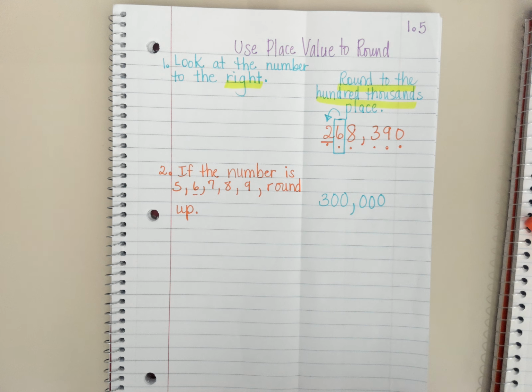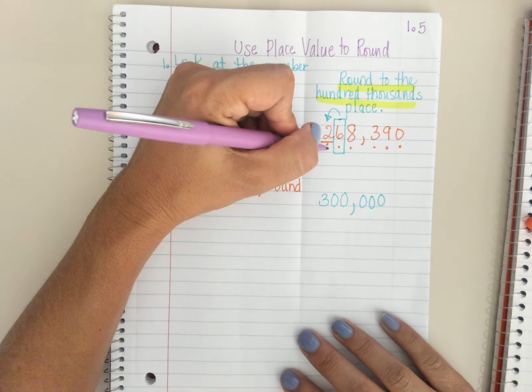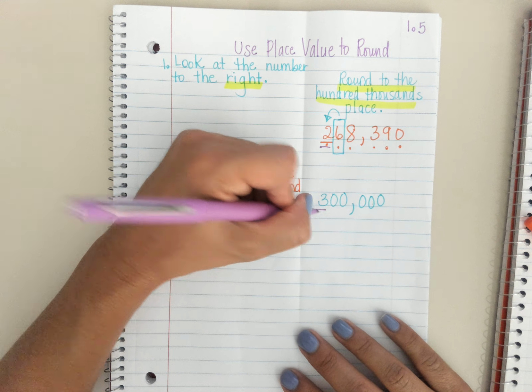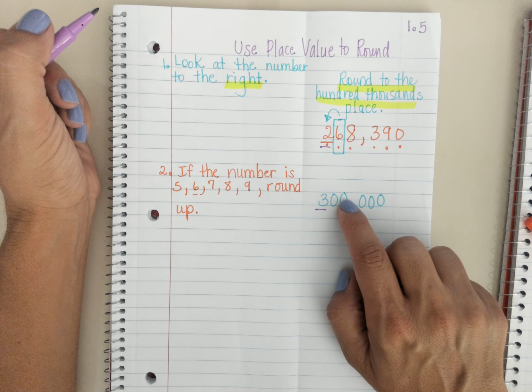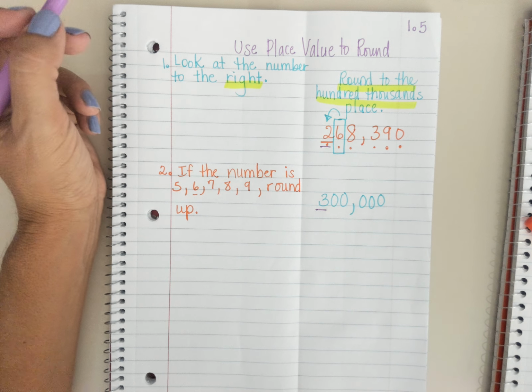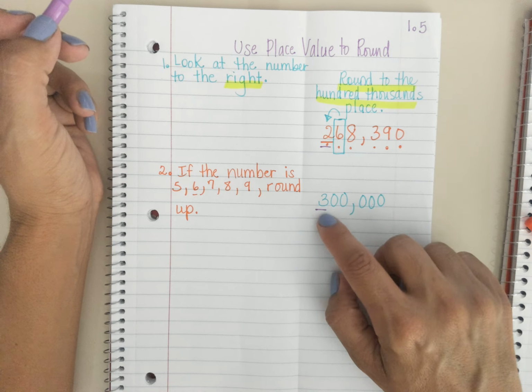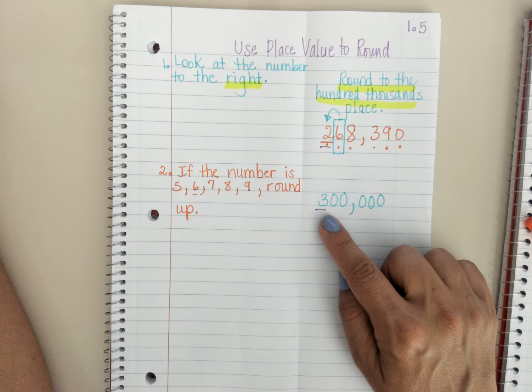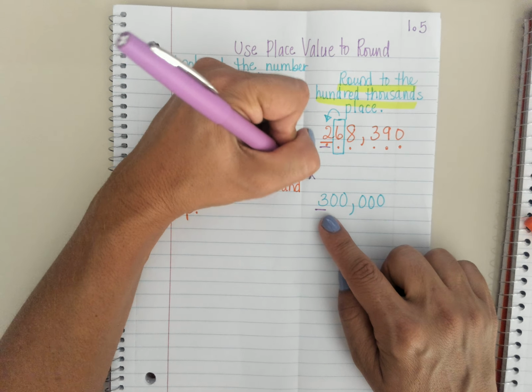And then I want you to keep in mind that after you rounded this 2 up to a 3, you write zeros after the place value you rounded to. Everything after the 100,000s place is going to be a 0. Let's keep that in mind.